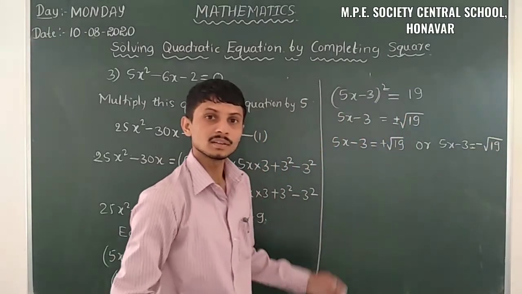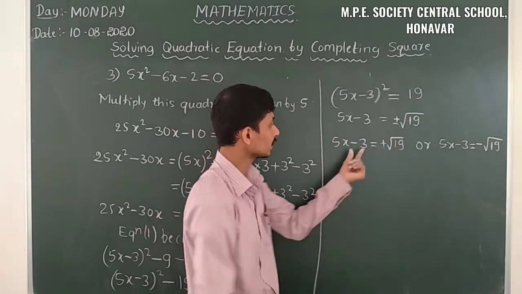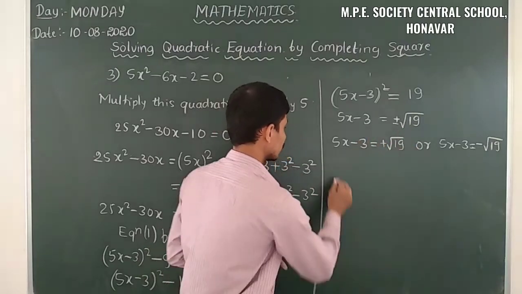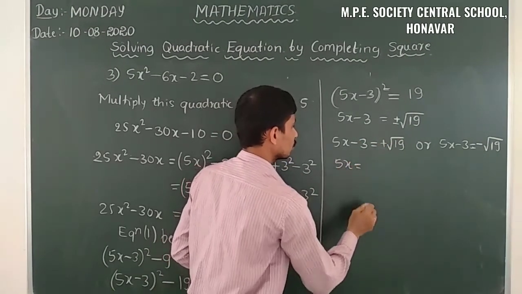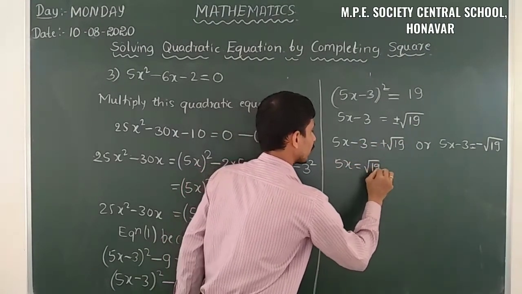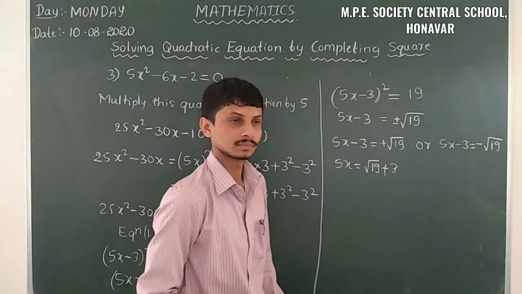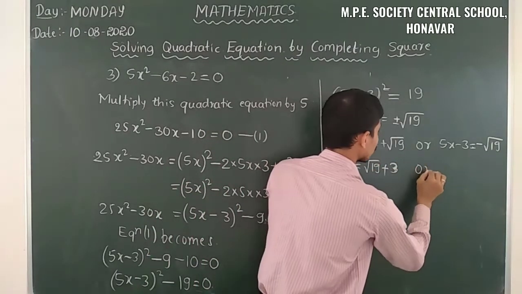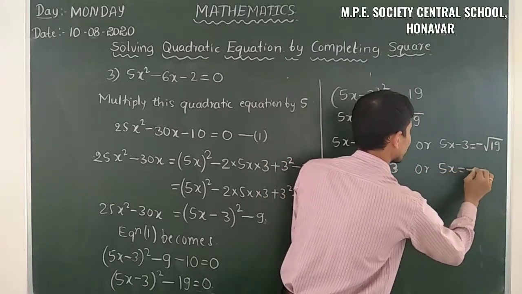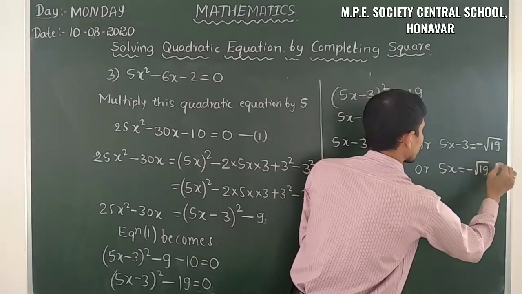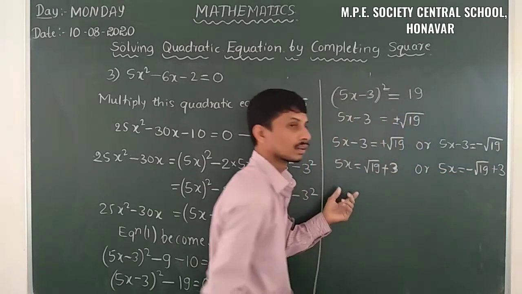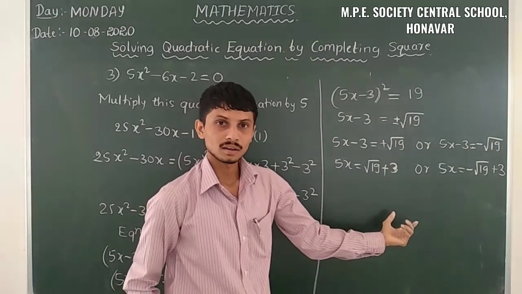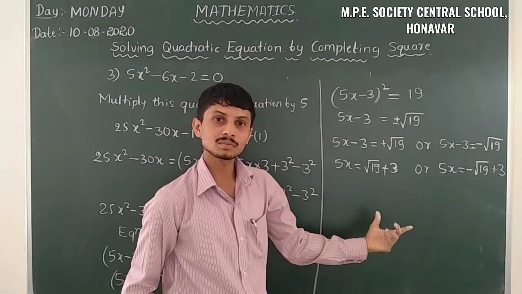Then we have to transpose one by one. Firstly we transpose minus 3 to the RHS side, it becomes plus 3. That is 5x is equal to root 19 plus 3, or 5x is equal to minus root 19 plus 3. Then we transpose this 5 to the RHS side, so it comes to the denominator.